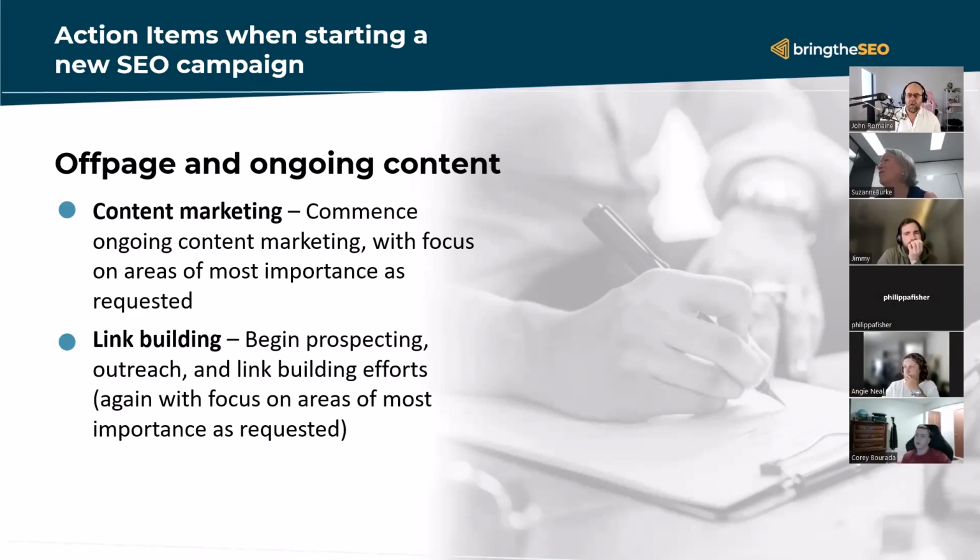And then I think I talk about this in the training, the blog really should be the engine. But this isn't just about creating blog posts for the sake of creating blog posts. This should tie in directly with which areas the client wants to focus on.